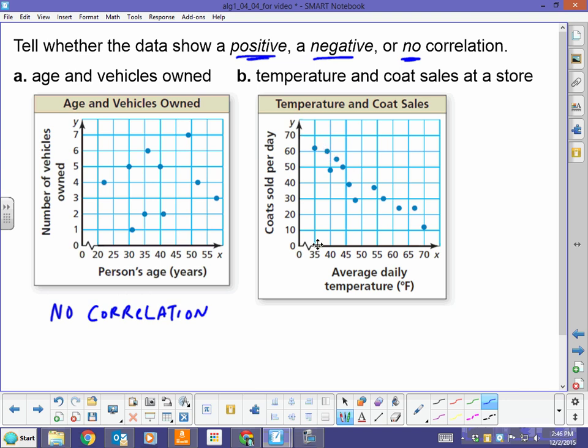When it's cold, they sell a lot of coats, and when it's warmer, they sell fewer coats. So we can say that the coats sold per day decrease as the average daily temperature increases. Since this number is decreasing as this number increases, this is what we call a negative correlation.